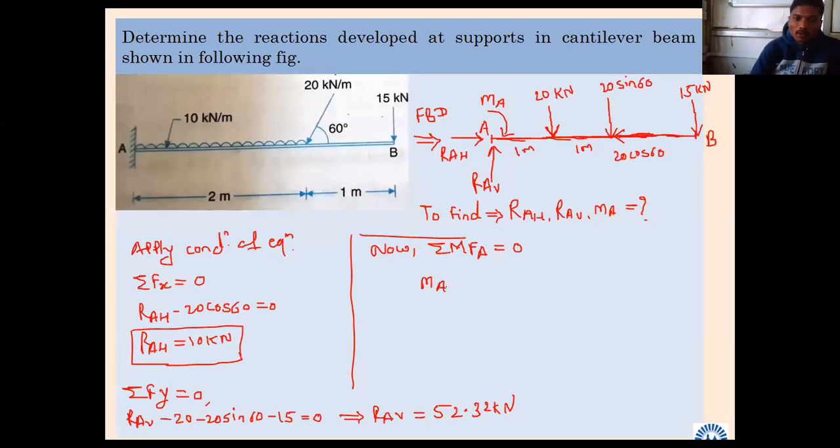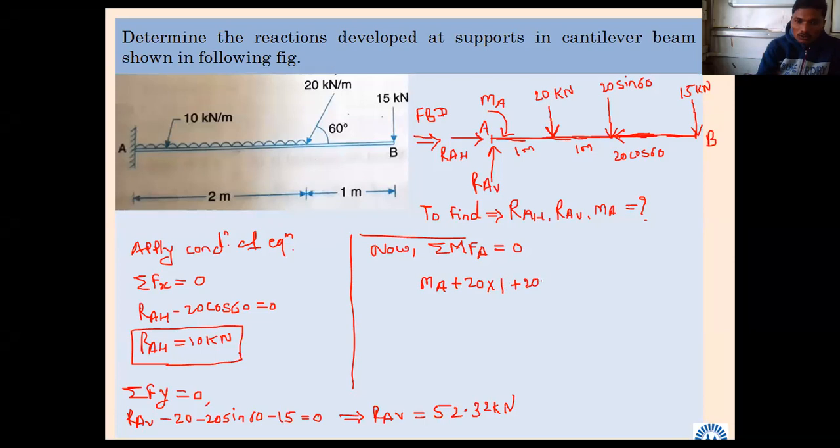Then 20 kilonewton. How object will rotate due to 20 kilonewton force? Clockwise, and clockwise we are taking positive. 20 into what will be that perpendicular distance? 1. Then next one is 20 sin 60. Again it will be positive.